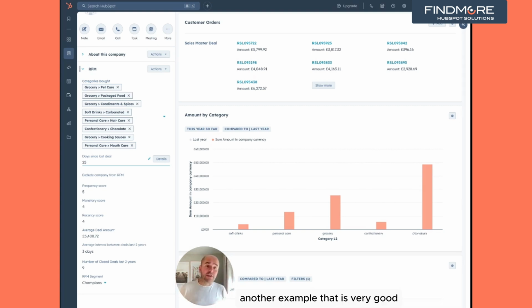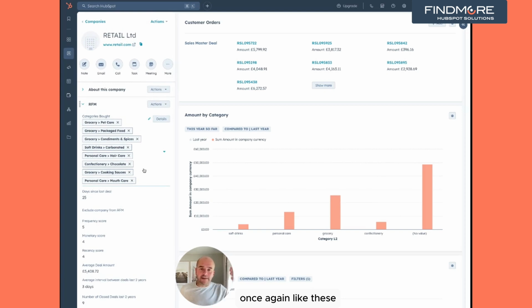Another example that is very good to highlight is the use case for customer success managers. These types of data points allow HubSpot, when we are talking about high-value customers, to flag that something is about to happen so they can act. They can be enrolled once again into a campaign, as I mentioned before.